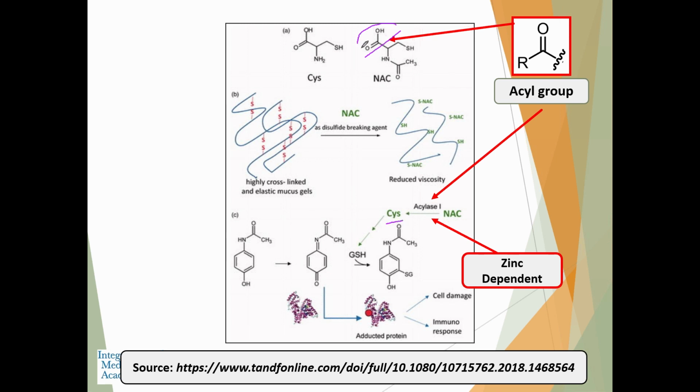When this is removed, it becomes the amino acid cysteine, which then pairs up with glutamic acid and glycine to become glutathione. Now, there's an enzyme involved in removing that acetyl group called acylase 1. This is an enzyme that is zinc dependent.